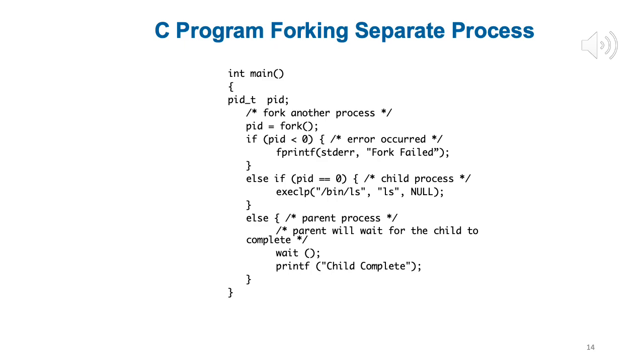What we need to do is examine the value returned by fork. So that's why we are saying pid equal to fork. So if pid is equal to 0, it means now we are in the child process. Okay. Because fork returns 0 to the child.